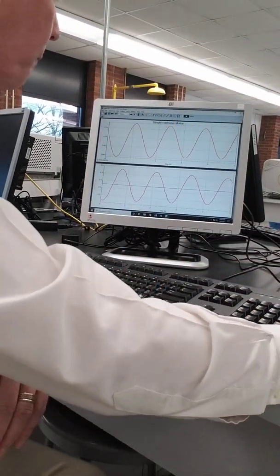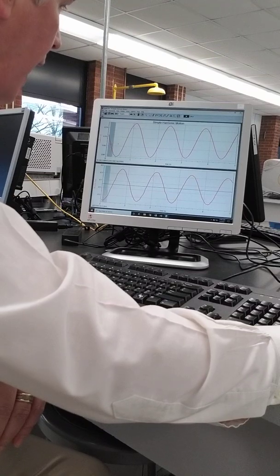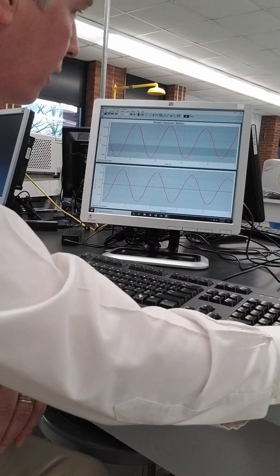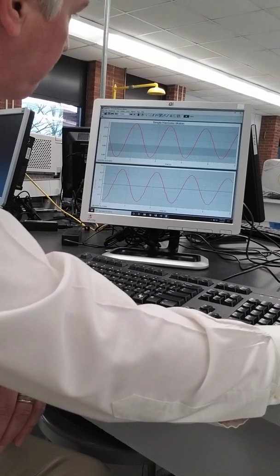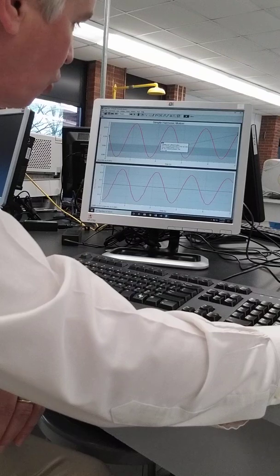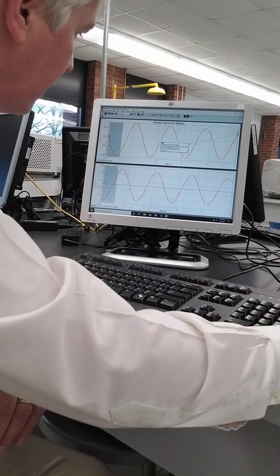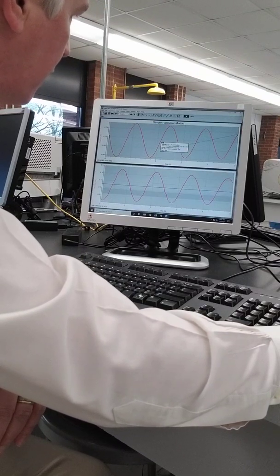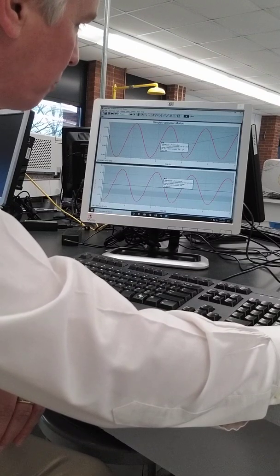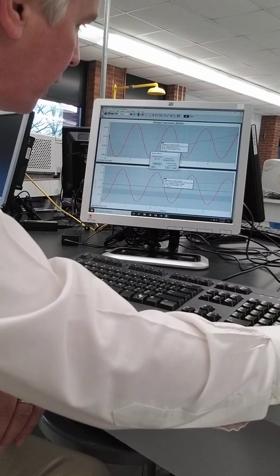But for right now, what we're going to be doing is highlight this data. We're going to hit the 1-2 stat button. That's going to give me statistics on my position graph. I'm going to do the same thing on my velocity graph, highlight my data, hit the 1-2 statistics button. And then since these are going to be really small, I'm going to make them a little bit bigger.